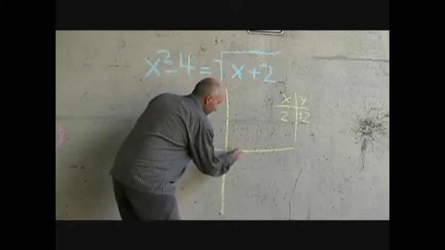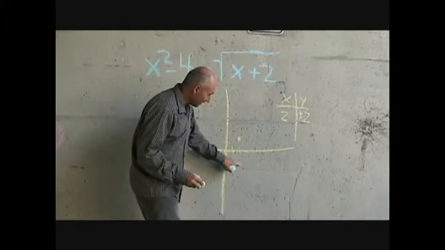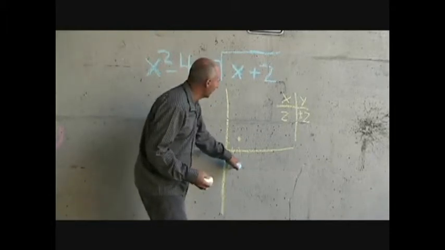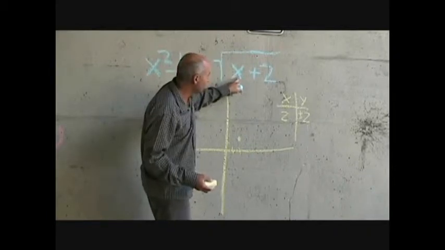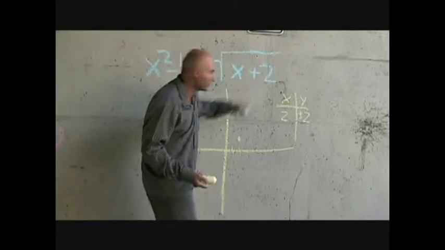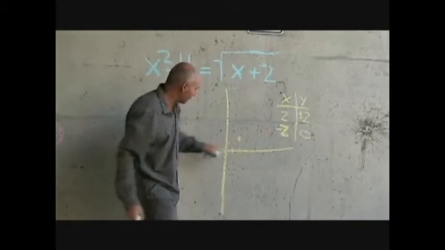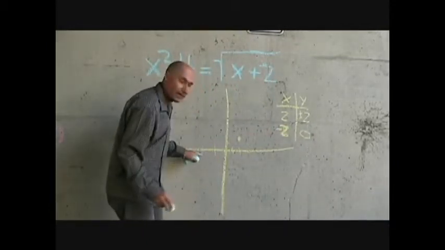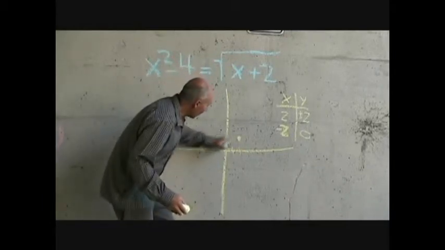So when x is 2, y is 2 and negative 2, but we're not going to put that point in there. When x is negative 2, negative 2 plus 2 is going to be 0, and the square root of 0 is just 0. So when x is negative 2, y is going to be 0, and this function goes off like this.